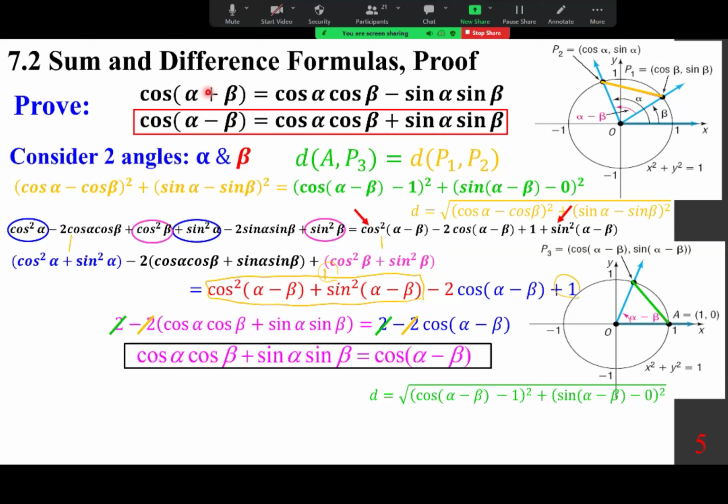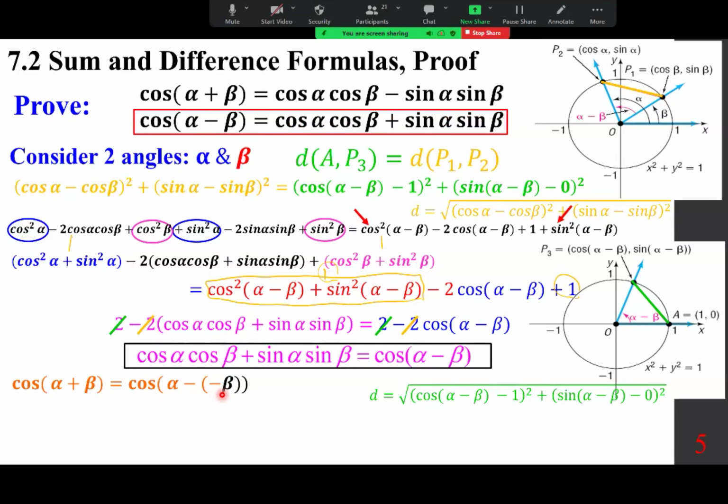The second part is very easy. In order to prove this one, you replace the beta here with a negative beta. Pay attention to what we are going to do. This is an easy proof now. Since we already proved this one, in order to go from negative beta to positive beta, we replace this one with negative beta, remember this is positive. And now we are going to apply this one: cosine of alpha minus something.